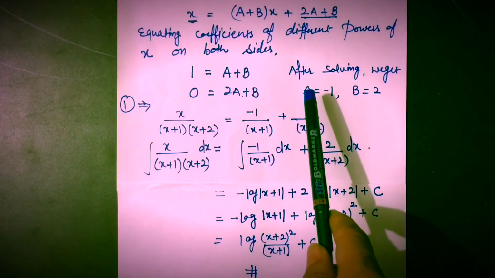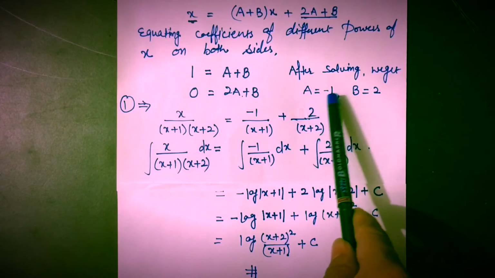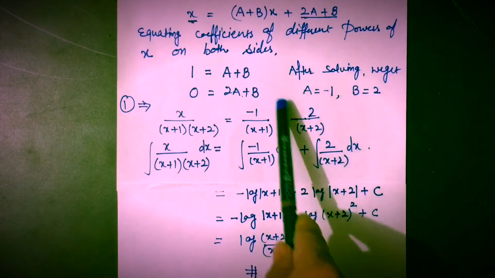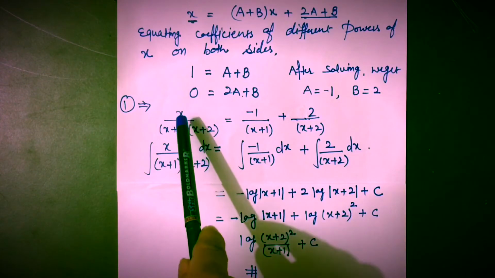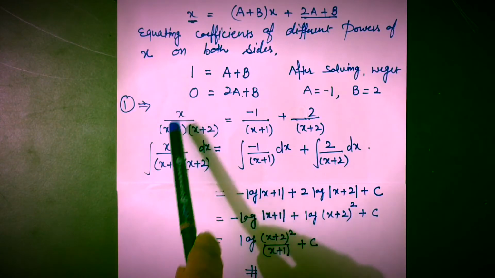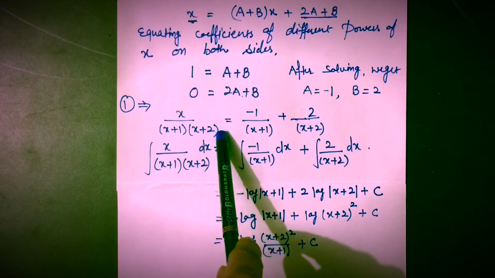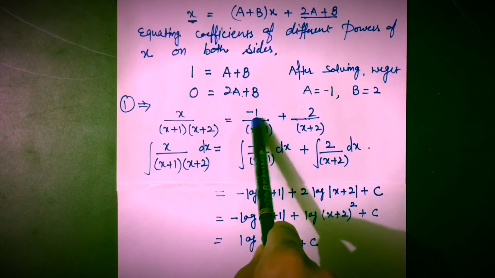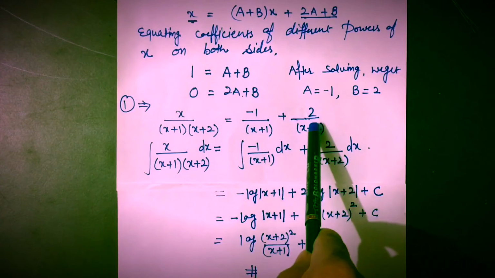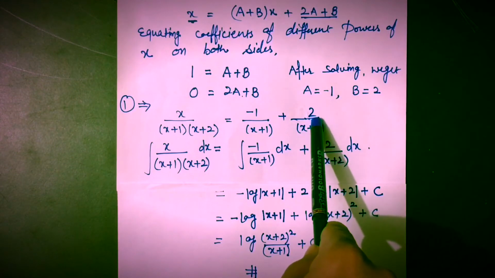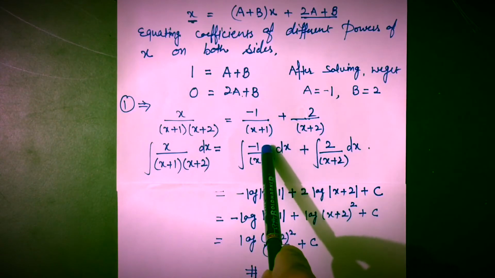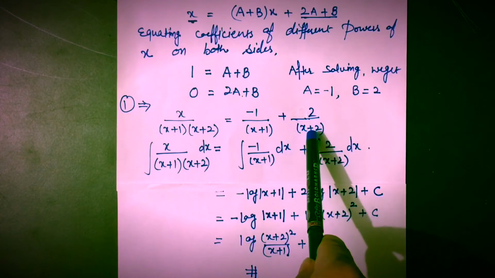We will put these values in the above rational function, that is x upon x plus 1 into x plus 2 is equal to, now in place of a we will put here -1 and in place of b we will put here 2. Now this becomes -1 upon x plus 1 plus 2 upon x plus 2.